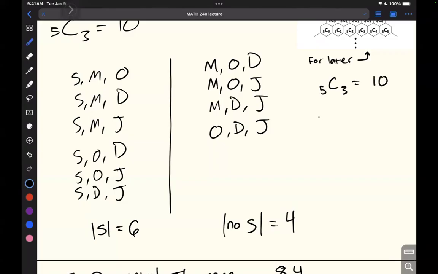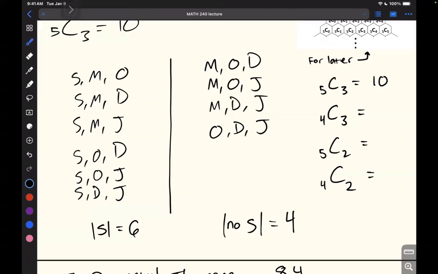So let's subtract 1 from n and k and see what the different possibilities are. If we subtract 1 from n, we have 4 choose 3. That's a number. If we have 5 choose 2, that's another number. If we have 4 choose 2, that's another number. So I'm subtracting 1 from n, 1 from k, or 1 from both.